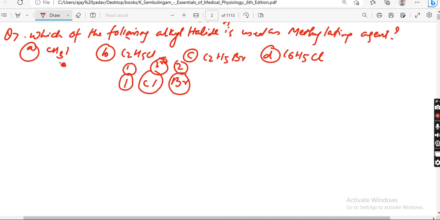Two are eliminated because iodine is the better leaving group, and methyl can be produced as a better methylating agent. Now what if I have to choose between the other two? When chlorine is removed from the benzene, the positive charge on the benzene itself cannot delocalize, right?